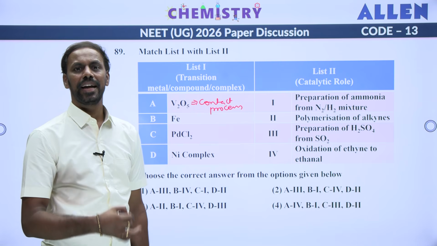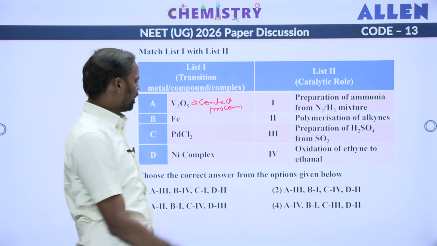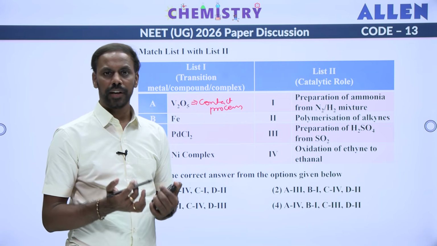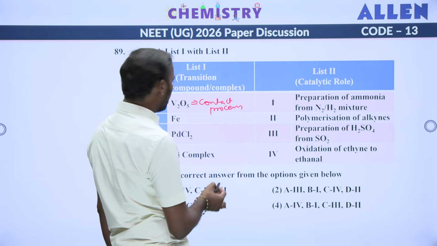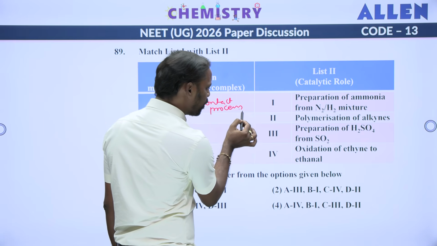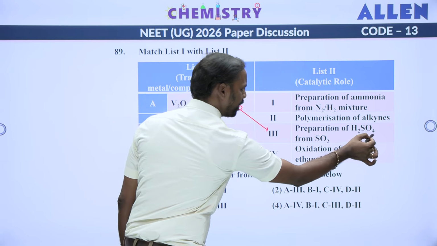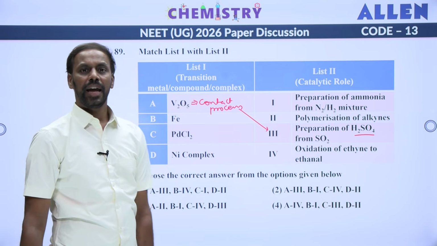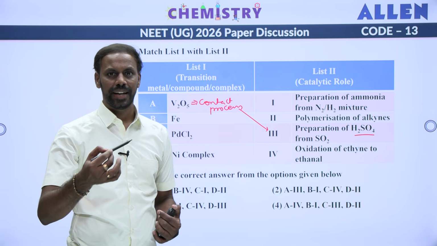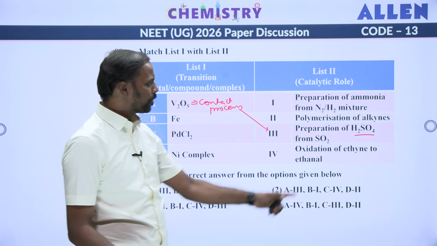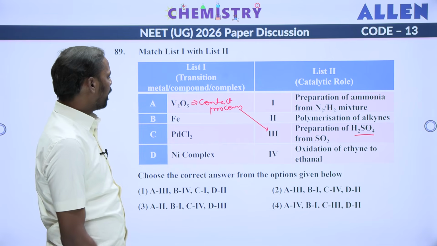Sulfuric acid. Okay, SO2 plus O2 in the presence of V2O5, first we will get which one? SO3. Here A is matching with which one, student? 3. Preparation method of H2SO4 from SO2: SO2 plus O2 gives SO3, and from SO3 we will get H2SO4.